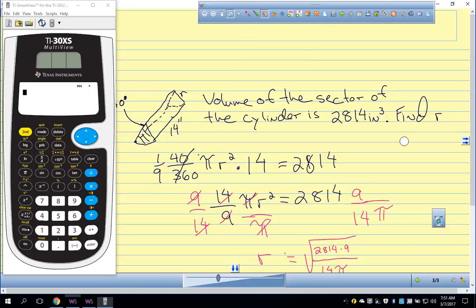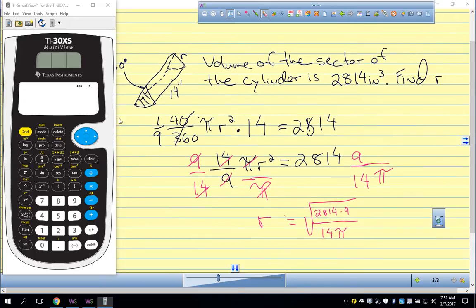So then all I'm going to do is take the square root of 2814 times 9 divided by, you don't even need parentheses for this order of operations, but you do need parentheses here, 14 pi.